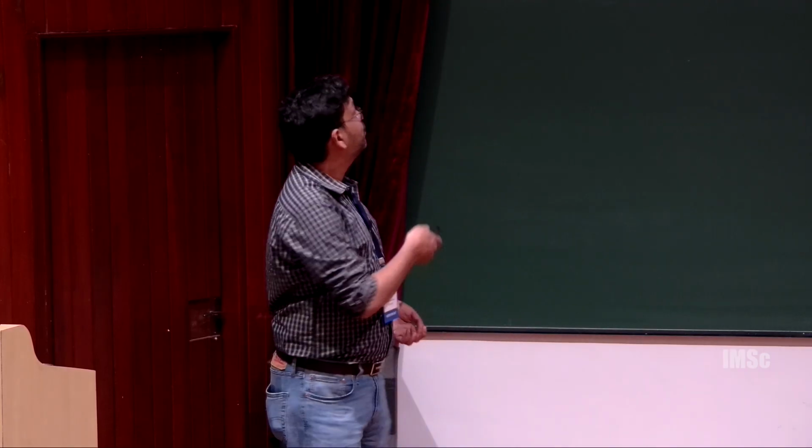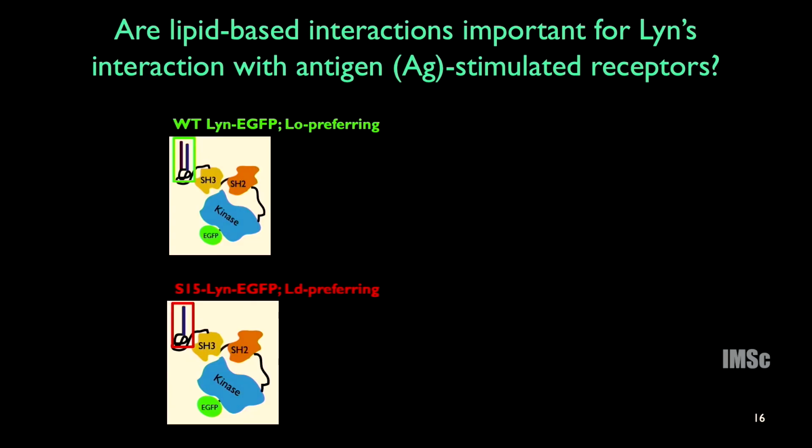So what we did for that, we created a mutant in which the lipid component of the whole protein is mutated, and now we added another component that is disorder preferring. While all the other motifs remain the same, meaning that this Lyn kinase remains functional, the only thing we changed is its membrane attachment.